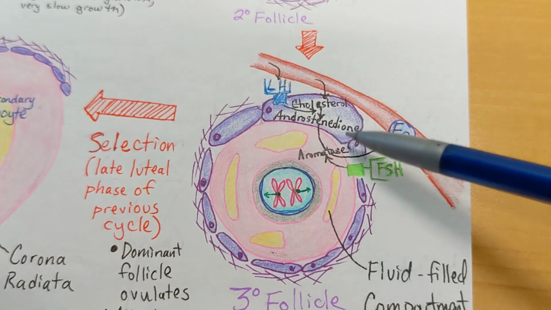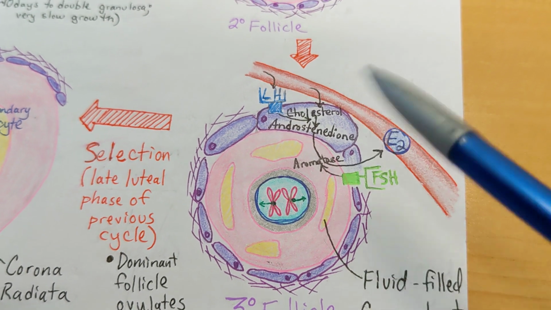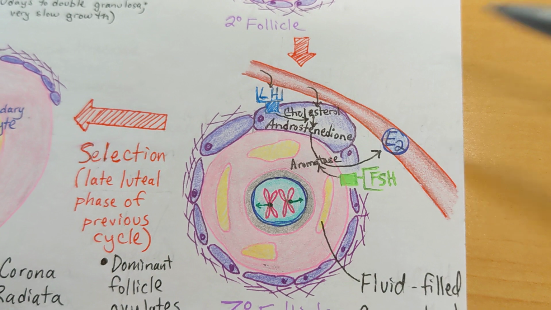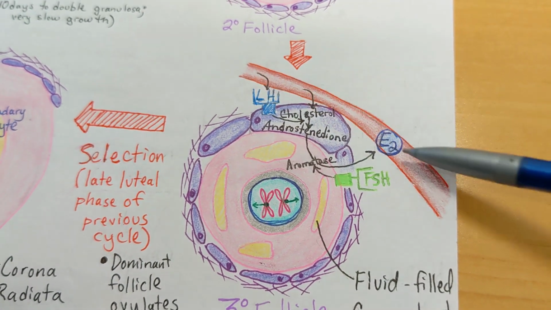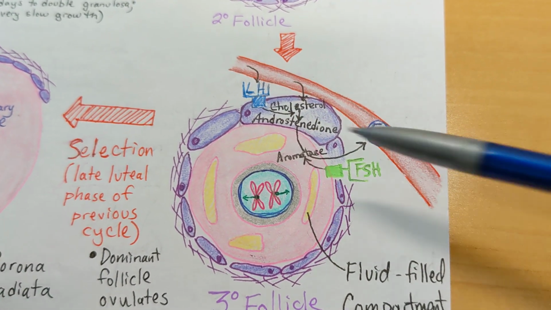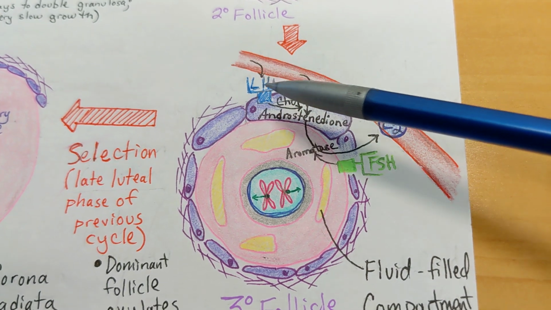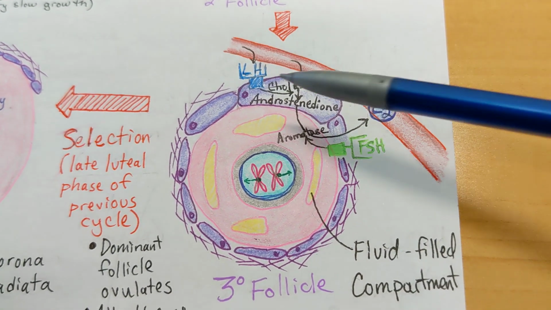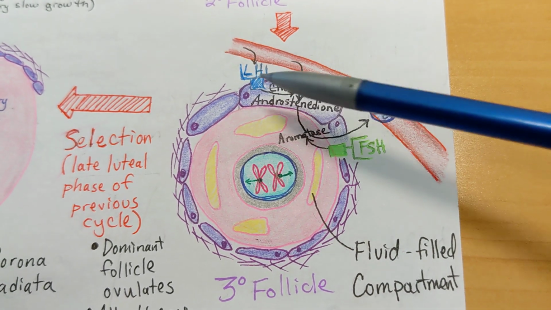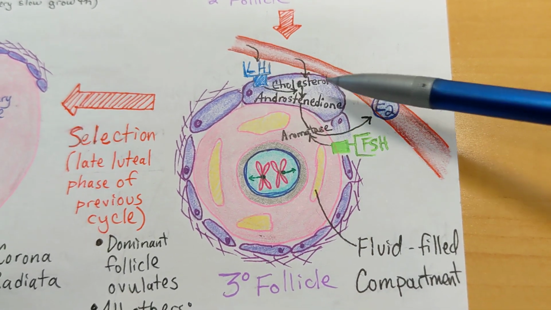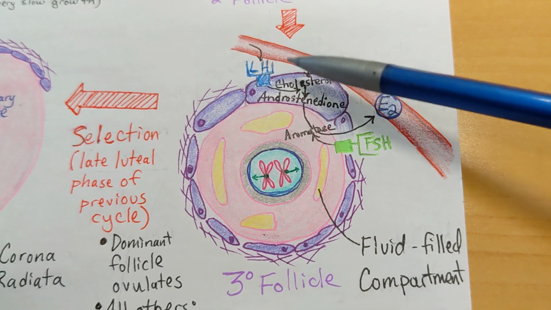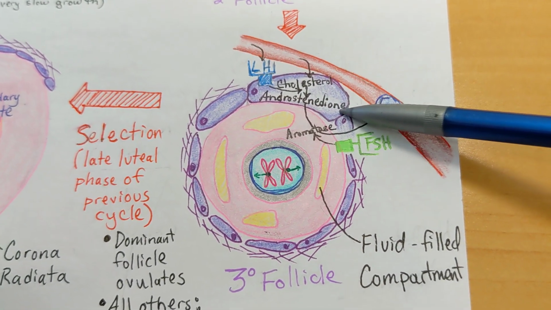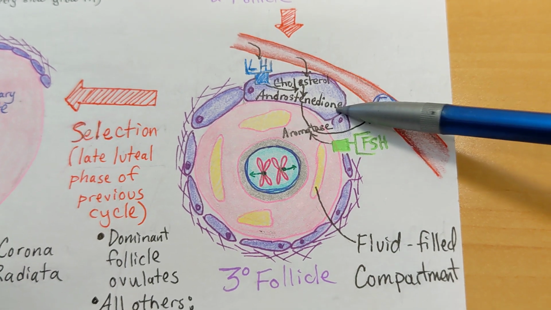The theca interna cells express luteinizing hormone receptors. They are also pretty close to blood vessels, which is what's right here. Luteinizing hormone binds to its receptors on the surface of the theca interna cells, and this ligand binding to receptor is going to trigger cholesterol from the blood to be converted into a weak androgen called androstenedione.